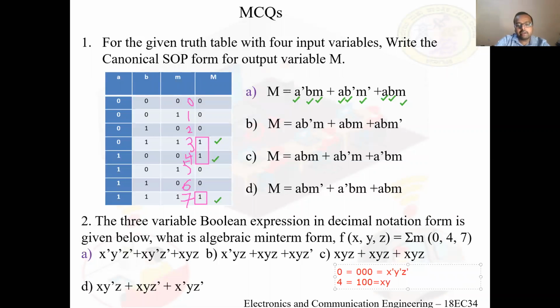X, Y bar, and Z bar. Similarly for 7, how do you write it? 7 is nothing but all ones. So this could be written as X, Y, Z. And where do you see these 3 terms now? Anywhere you see the terms, you have it here. You have it here, right? And also you have it here, right? So A is the right option.